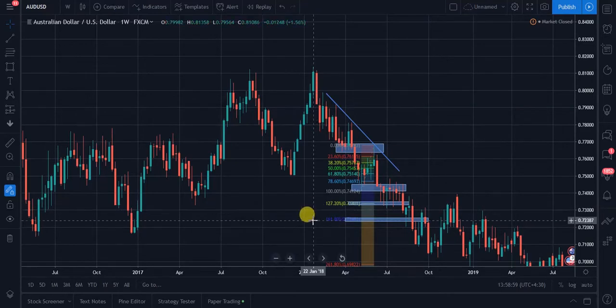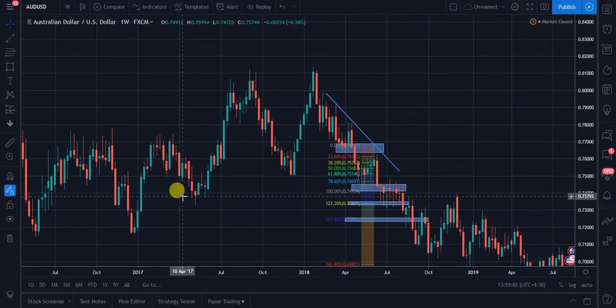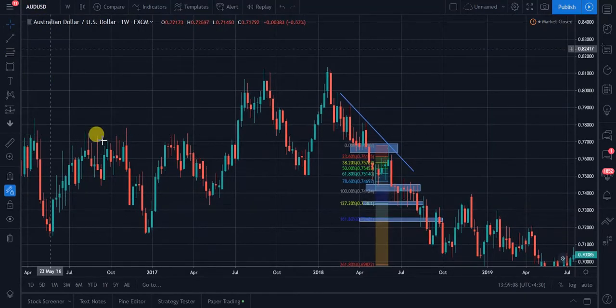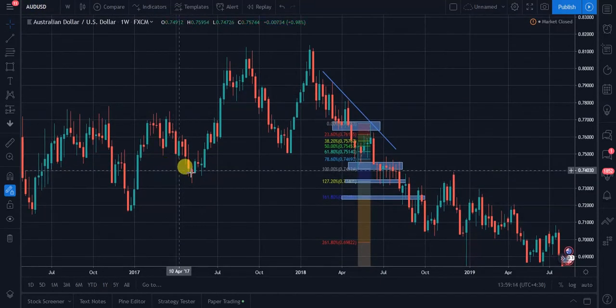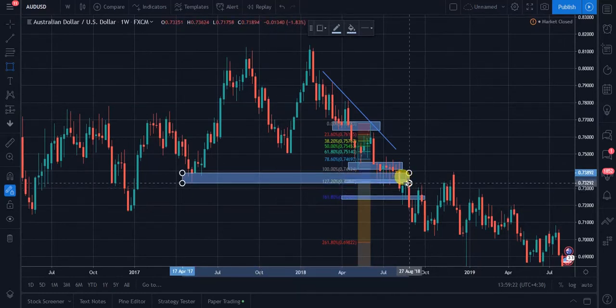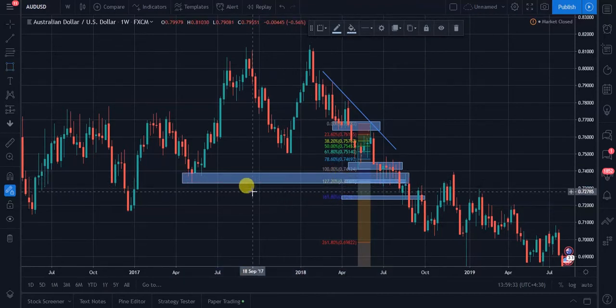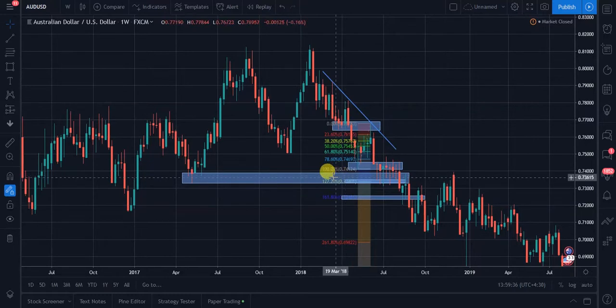For second and third targets, we need to choose some support and resistance levels from a period of time. For example, in the weekly time frame of the AUD/USD, we have some support here. It's okay for our support zone. So this support zone is the same area as 127% of Fibonacci extension. So this level is a good area for our second profit target or take profit.